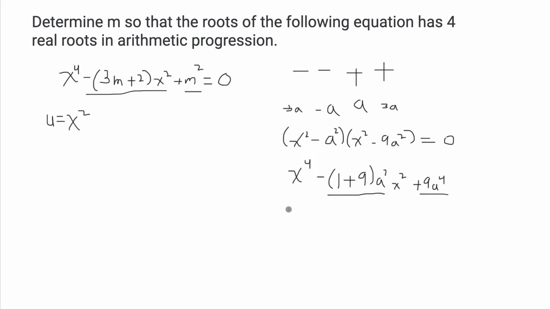Therefore, we get this pair of equations, 9a to the 4th equals m squared, and 10a squared equals 3m plus 2.